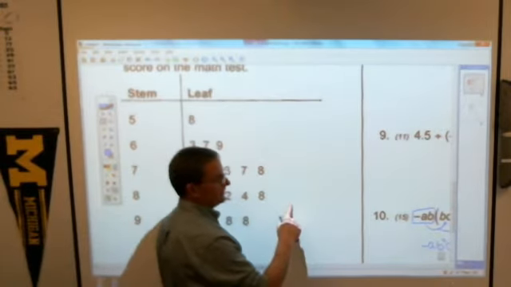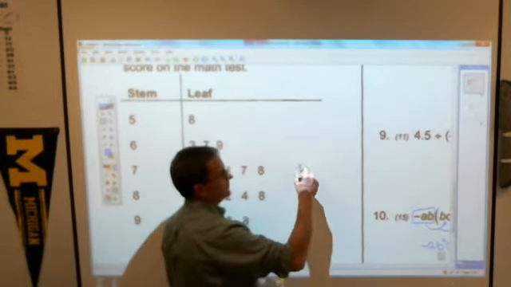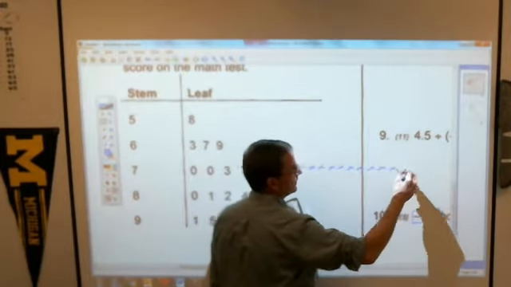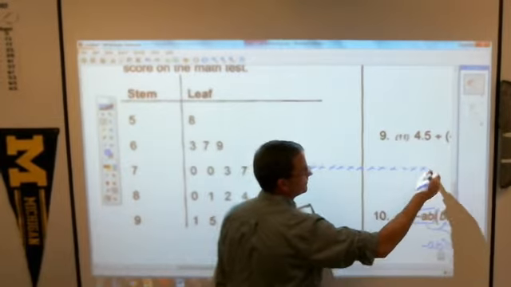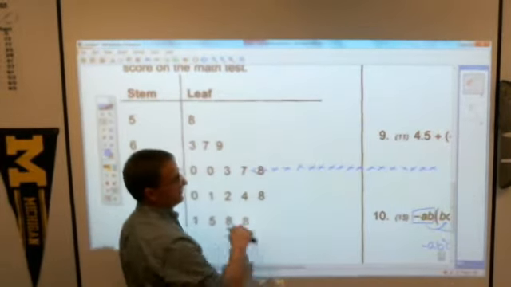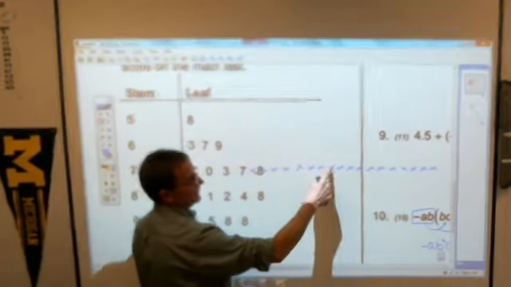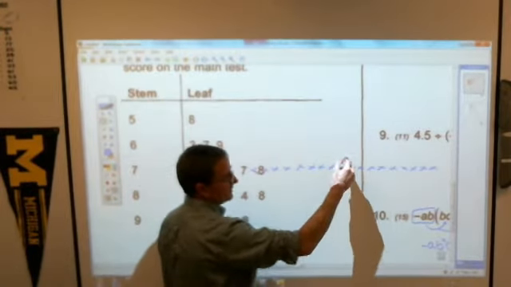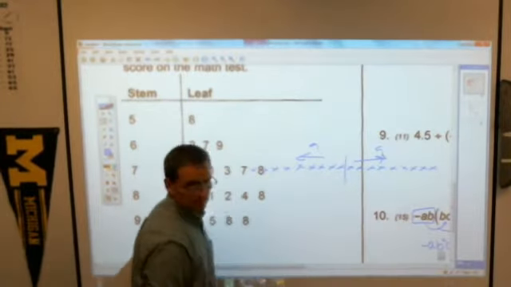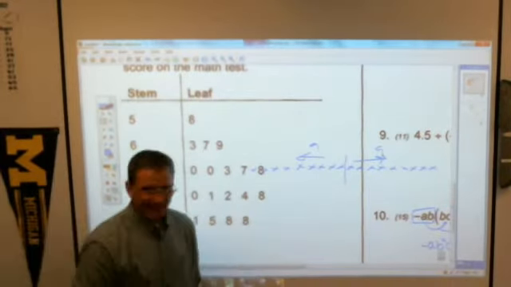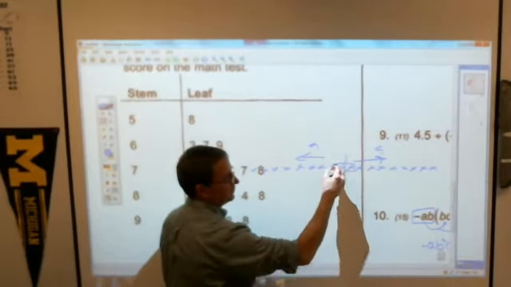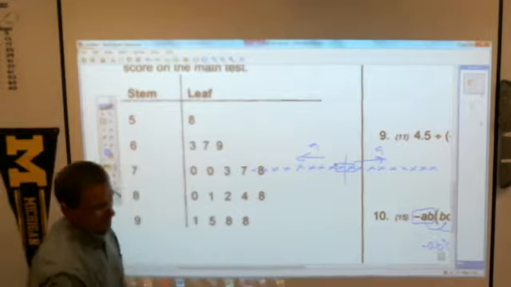If you have 18 things, 1, 2, 3, 4, 5, 6, 7, 8, 9, then 10 through 18, the middle is here because there are 9 on this side and 9 on that side. When that happens, if they're not the same number, you have to find the average of those two numbers that fall in the middle.